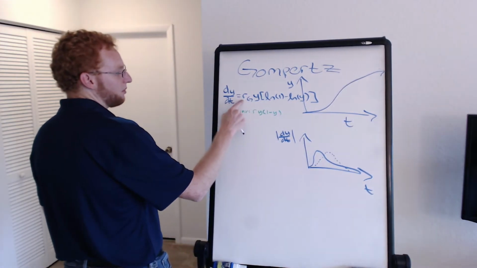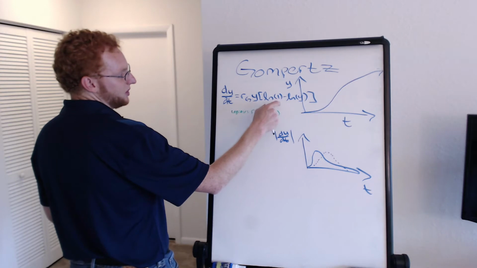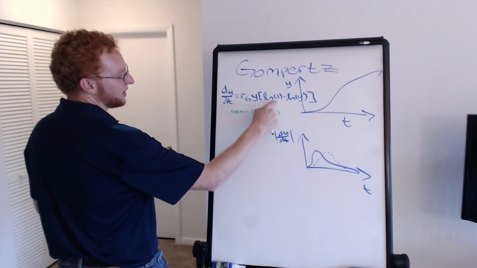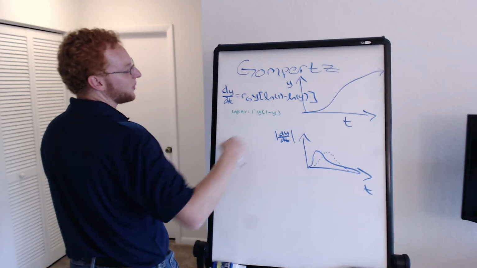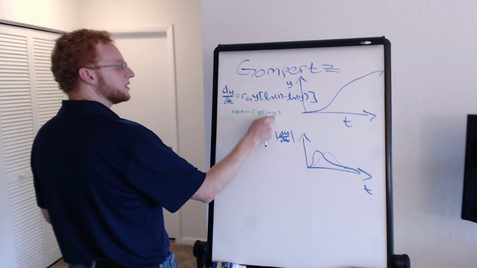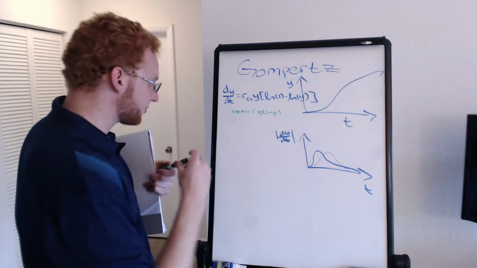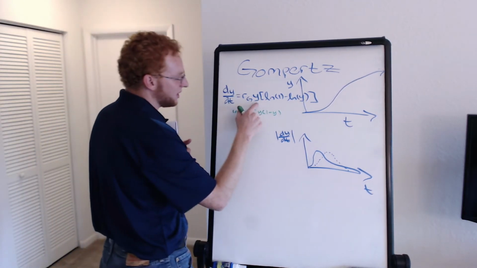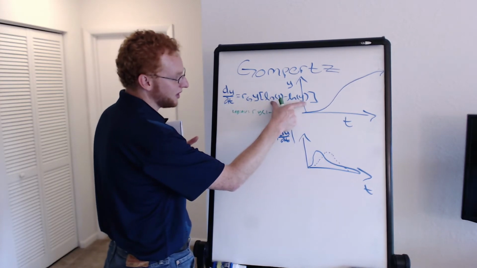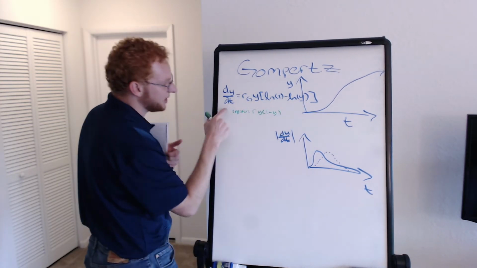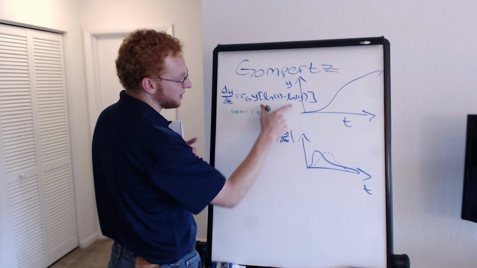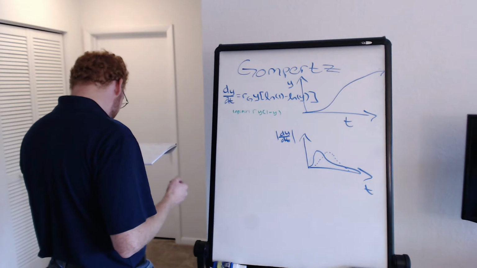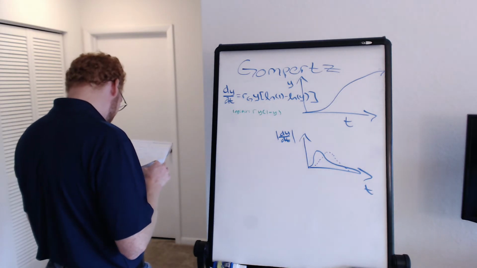In this we have the rate parameter times y times a function of 1 minus y. Instead of 1 minus y, it's the natural log of 1 minus the natural log of y, but it's basically just a function of that. So the rate's still a function of the diseased plants and a function of the non-diseased plants. The only difference is that the term for the non-diseased plants is different. And that's called the Gompertz.